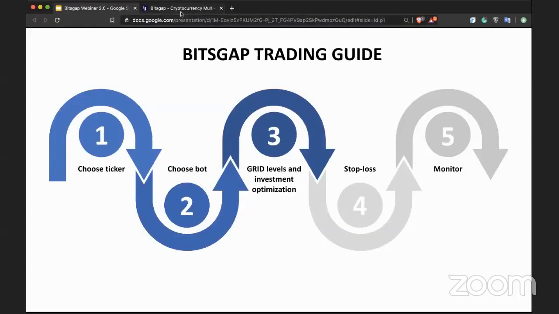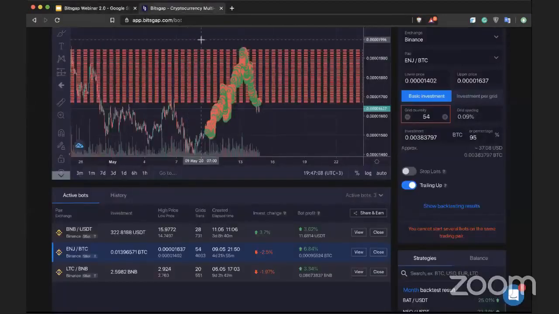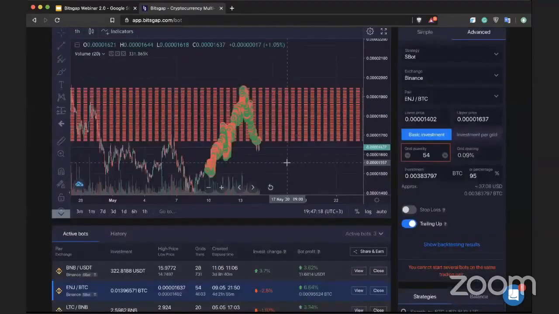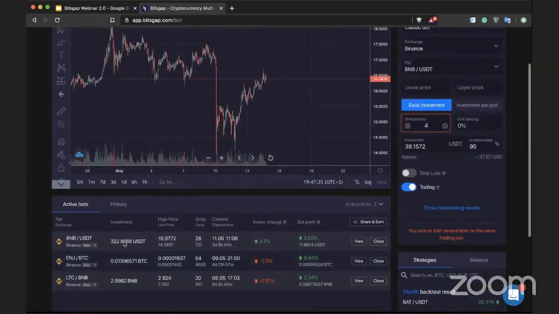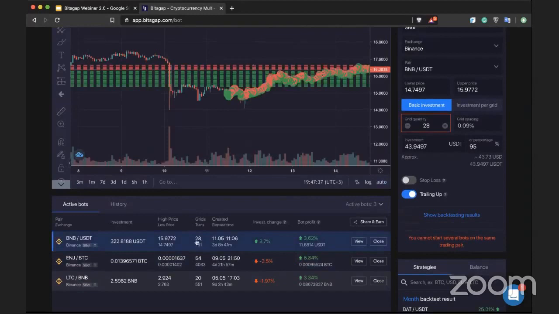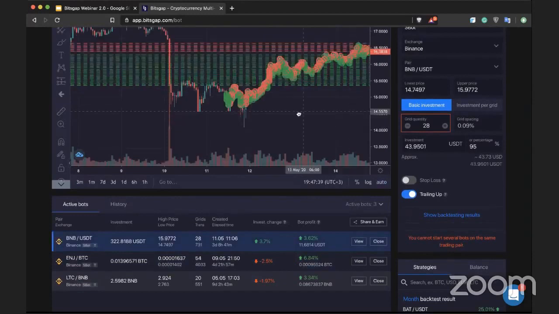You don't have to always stay in front of your computer as if you would trade manually. You would spend much more time. With automated trading, you just have to monitor it from time to time, let's say maybe one time a day, or maybe 3 times a week, because automated trading executes trades for you, and you just have to monitor to make sure that the current automated trading setup is good enough for the market conditions.